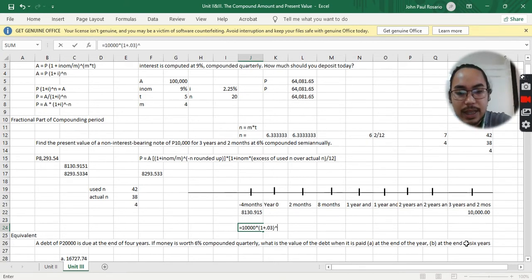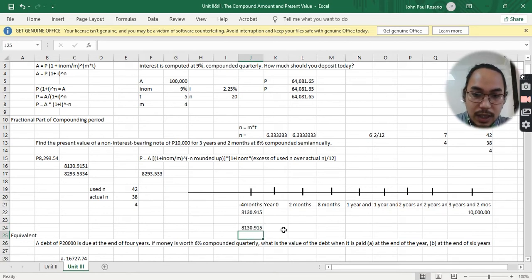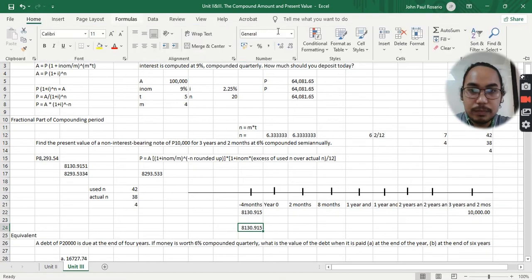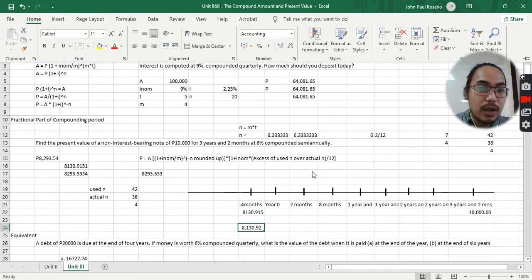And then we raise that to, again, 7 periods, so negative 7. Since I am using here the multiplication operation, I'll be using the negative sign for my exponent. Okay, so that should give us 8130.92.